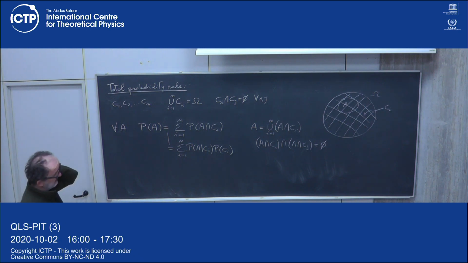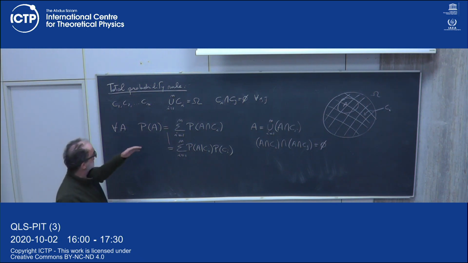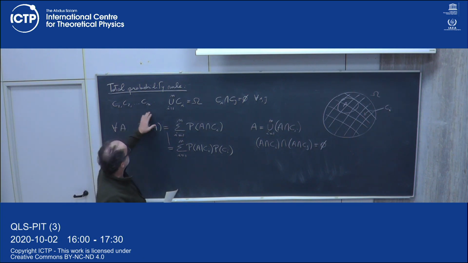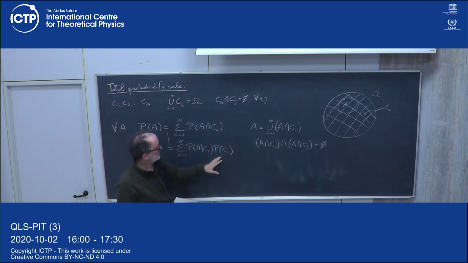Because this tells you that if you want to compute the probability of an event, it is often more practical to find a complete set of causes for which you can compute the probability of these causes, and for which you can compute more easily the probability of the event A given one of these causes.